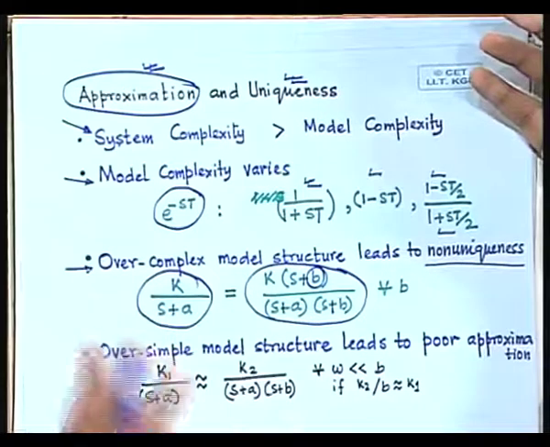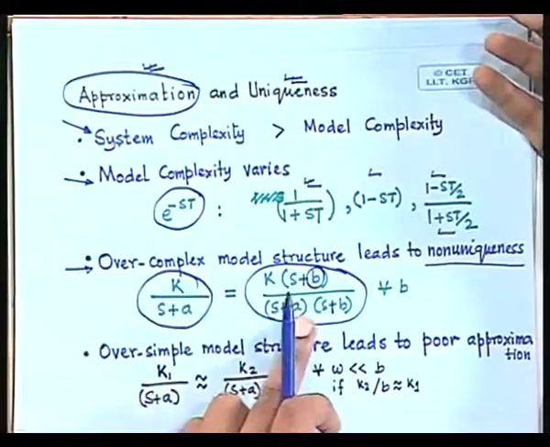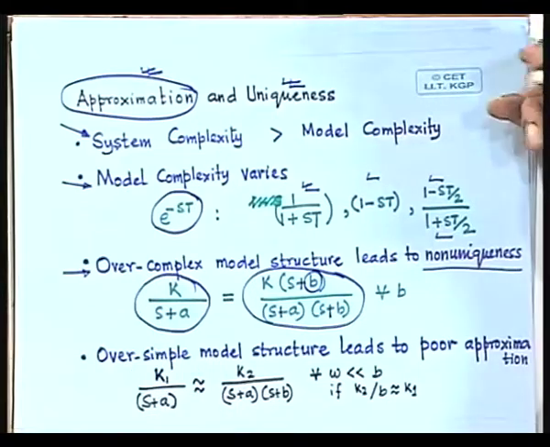So the solution is highly non-unique. There are an infinite number of second order systems which will fit this first order system. Why does it happen? Because you have unnecessarily considered a model which is too complex.